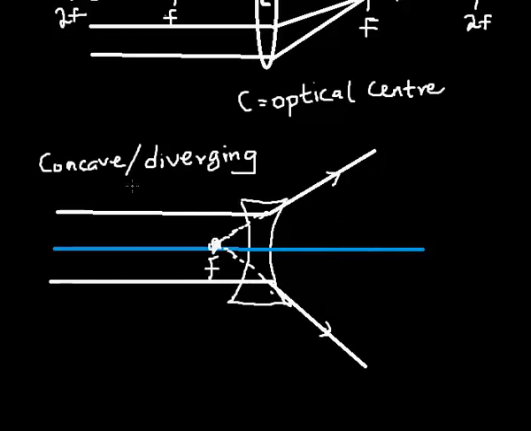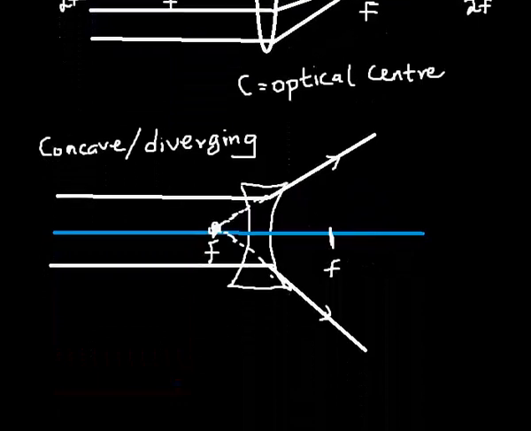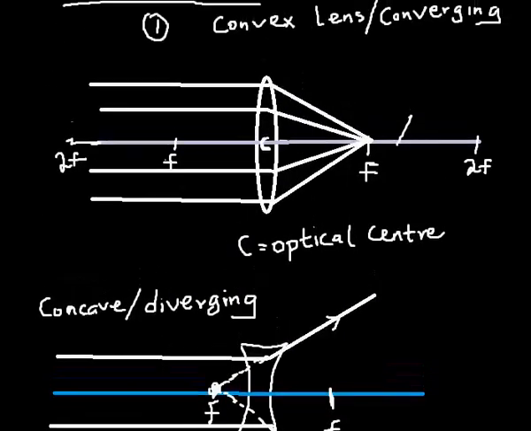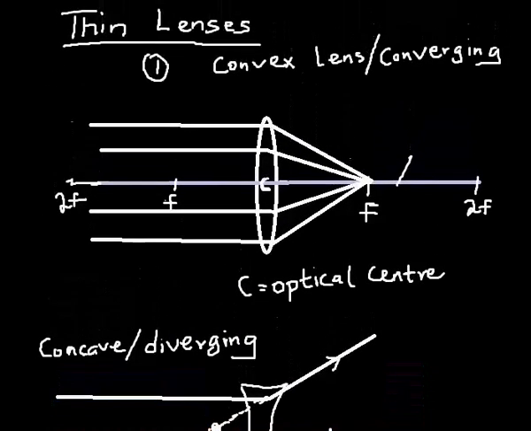So that means a concave lens is divergent. And of course the focal length or the principal focus is always virtual. Anyway, we'll talk about that later. So that's the difference between a concave and a convex lens.